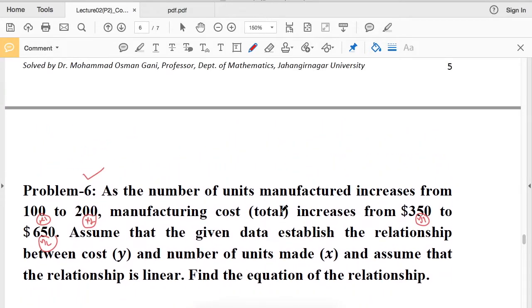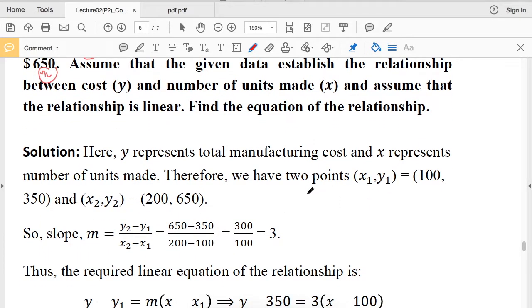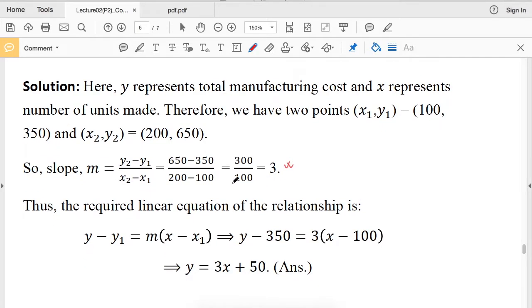Exactly what you did in the previous problem, you can solve this one by yourself. Either you can use formula 1 or formula 2. So first, in the same way, you can calculate m equals y2 minus y1 divided by x2 minus x1. That will be 3, and now put the value of x1, which is 100, and y1 350.